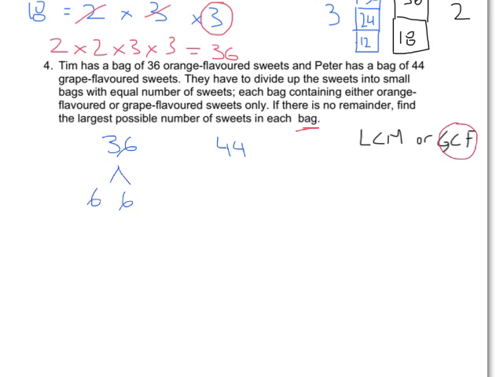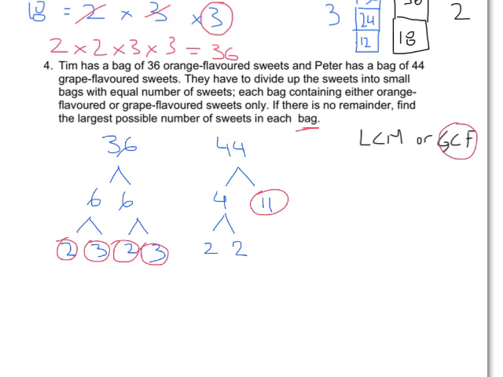36 factors into a 6 and 6, and a 2 and a 3, and a 2 and a 3. So circle all of these. Okay, 44 factors into 4 and 11, and 11 is a prime, so I'll circle it right away. 4 factors into 2 and 2, and that's it.